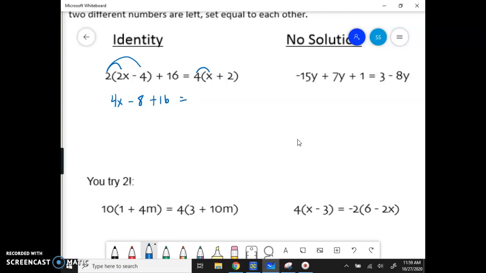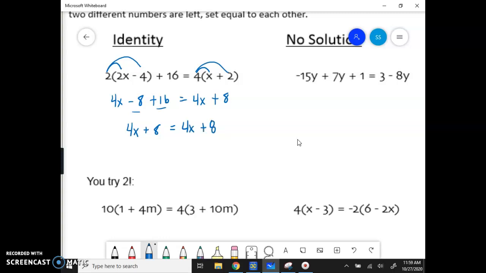Distribute on the other side as well. 4 times x is 4x, 4 times 2 is 8. Step 2, I need to simplify. There are no like terms on the right side, but on the left side I can combine our constants. Negative 8 plus 16, so I'm left with 4x plus 8 is equal to 4x plus 8.